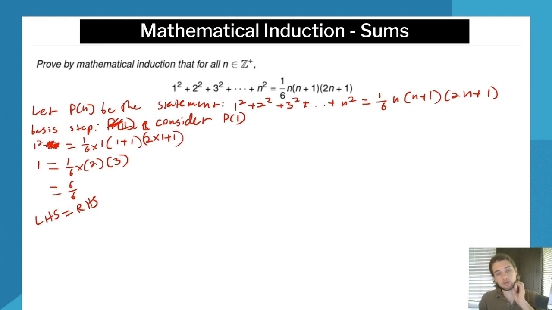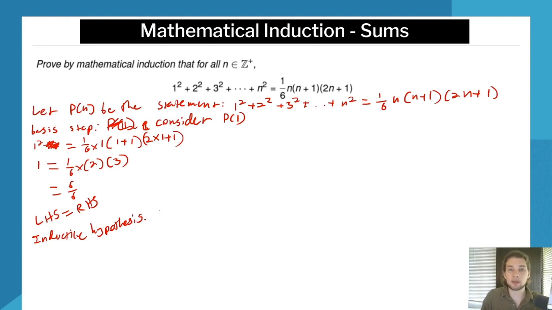Now we have to prove that it is true for Pk plus 1, where k is anything that we've already proven, basically. So that means if it's true for 1, which we've already proven, we can know that it's true for 1 plus 1. Now that means we know that it's true for 2, which means we know that it's true for 2 plus 1, and we have this recursive proof that we're building. So let's do the inductive hypothesis.